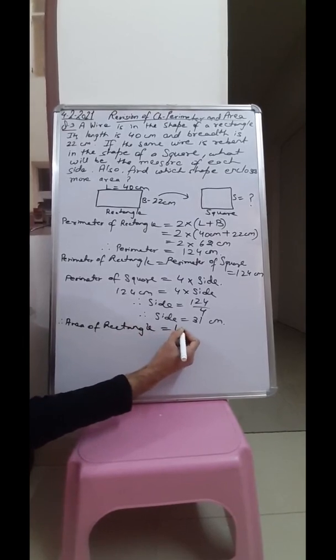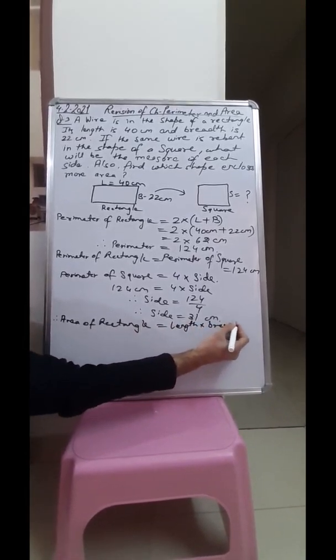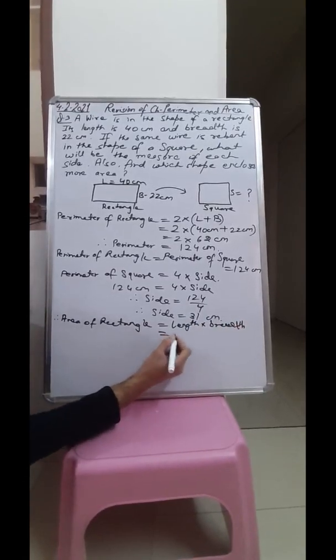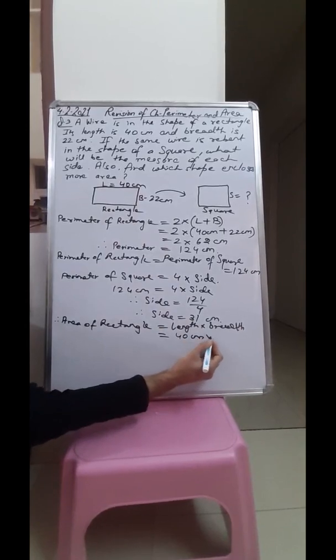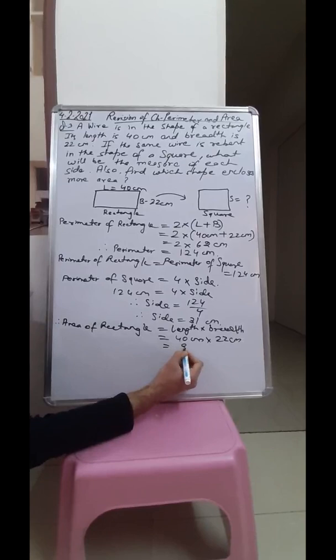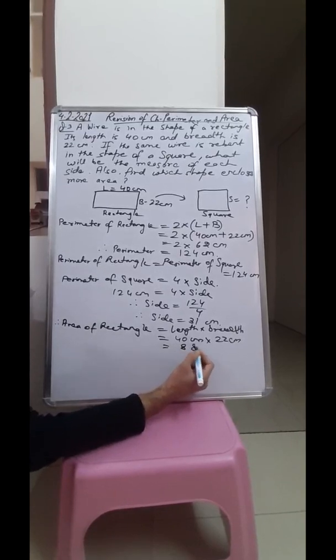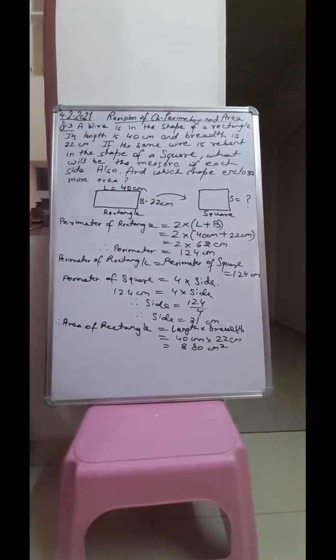The formula is length multiplied by breadth. Length is 40 centimeter and breadth is 22 centimeter. When you multiply them, you will get 880 centimeter square. So in this way we find the area of the rectangle.